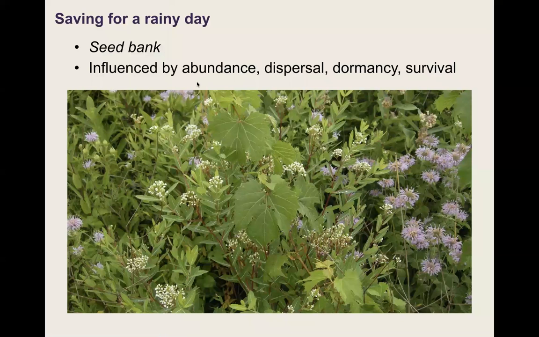So seed bank, as I say, influenced by these features here. The more abundant a species is, the more seeds it can put in. Seed banks are influenced by where the seeds come from.